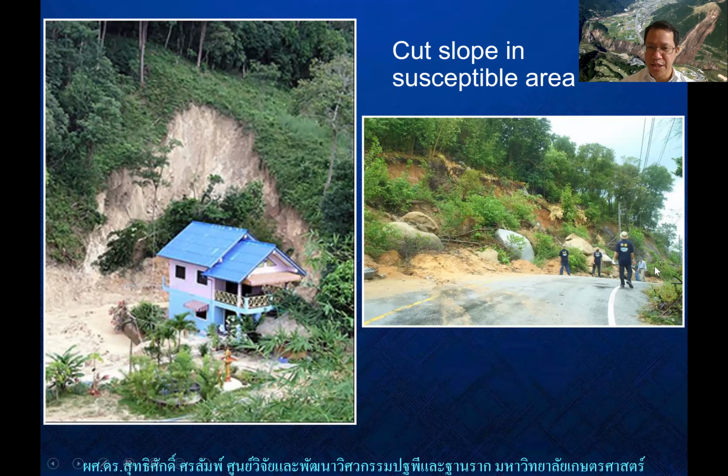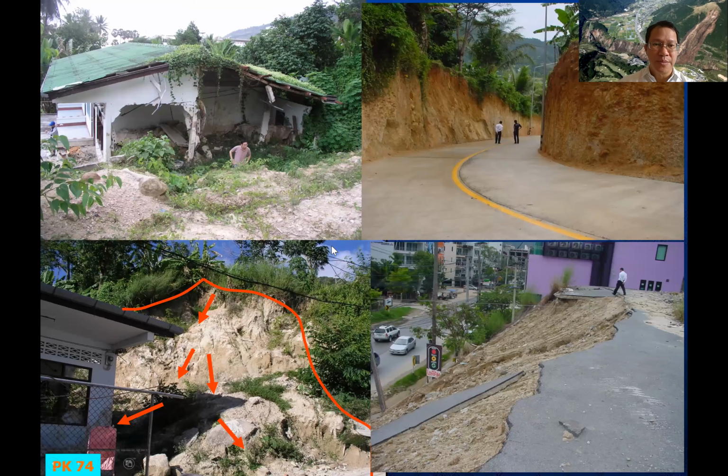Also, the same thing: this road cut through a landslide-susceptible area, which has a rock or geological structure that is favorable to sliding. So after cutting for some seasons, not long, heavy rainfall came and everything slid out.